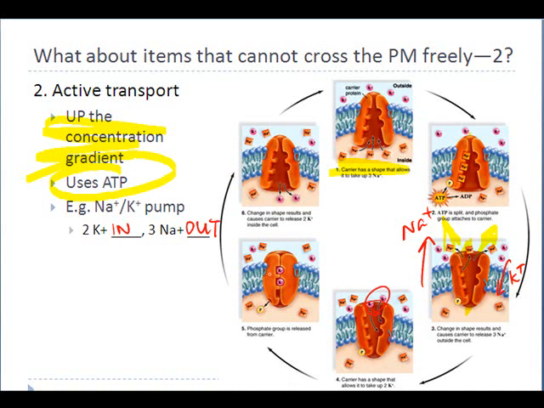Notice again it closes over here, and the phosphate group is released, and the potassium ions are released to the inside of the cell. So this channel that is just created allows the passage of ions against an electrical gradient or concentration gradient, and this process is called active transport.